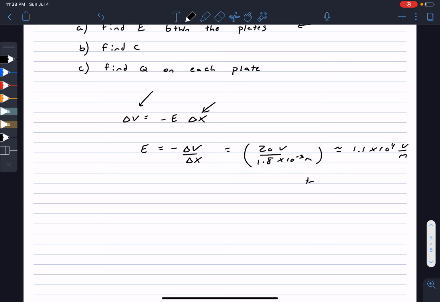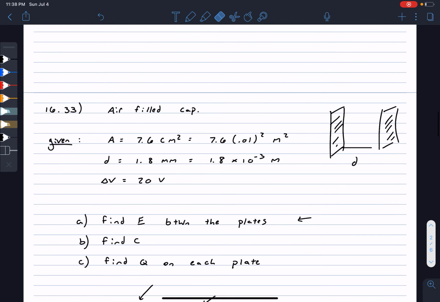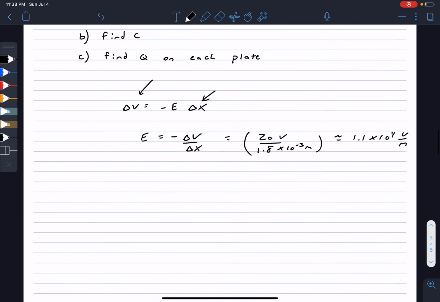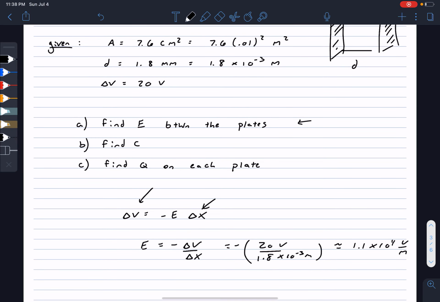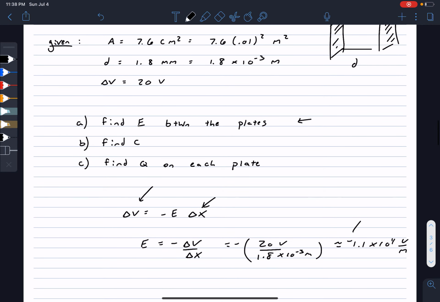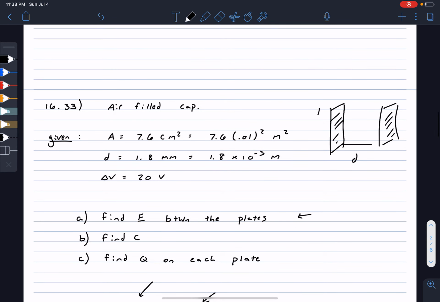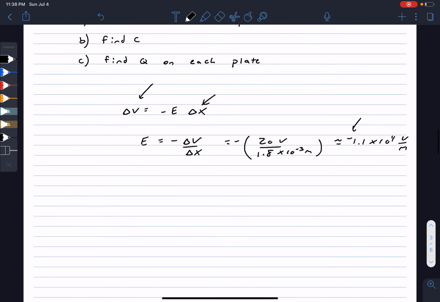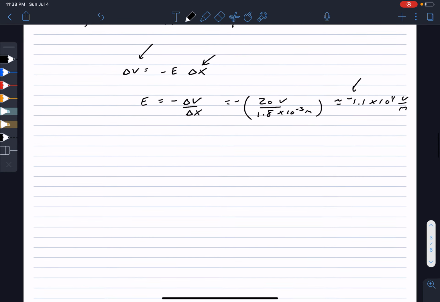And it's moving toward the negative plate. That's because that would have been a negative value; what I didn't do was keep the negative here, so that's why I just said it's moving towards the negative plate. What that means is this plate over here is positively charged, and this plate over here is negatively charged. So the E field is going to be pointing this direction. That's what that means.